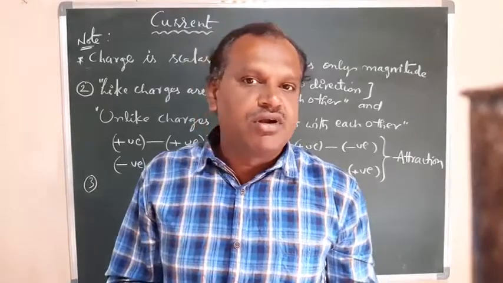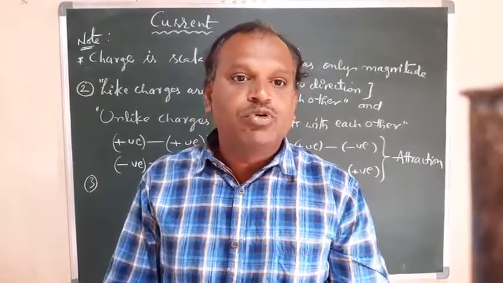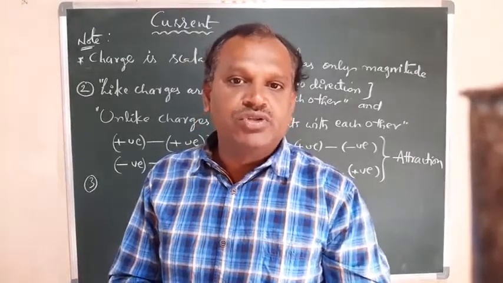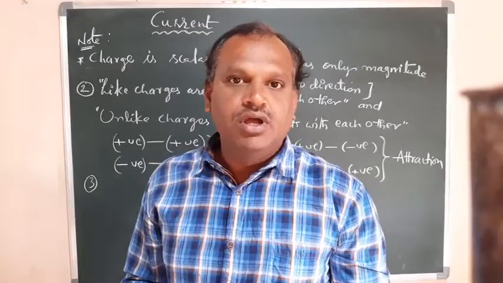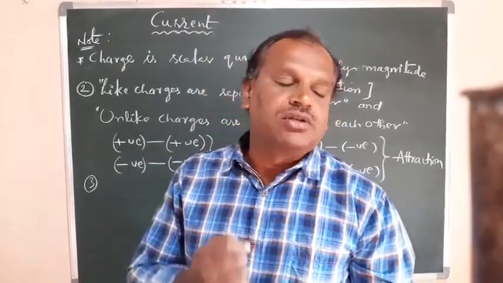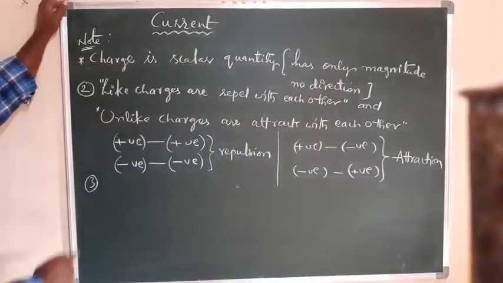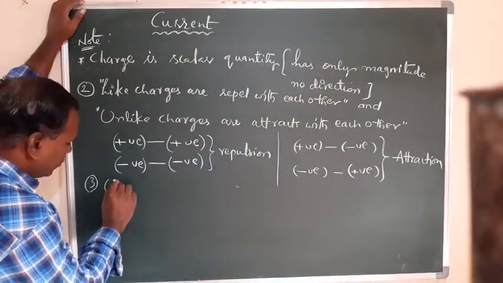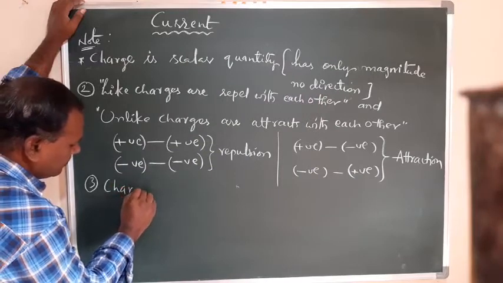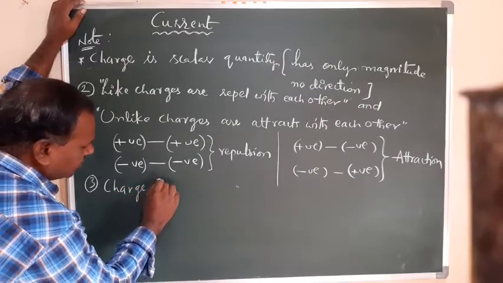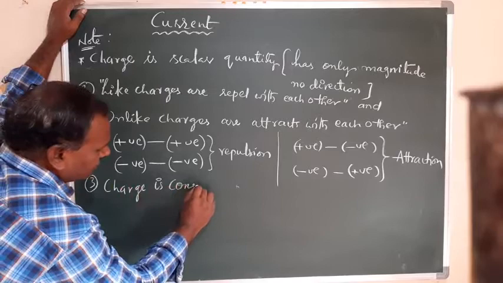But electrons we are not creating. We are just transferring them from one body to another body so that those objects will become charged. Right? So always charge is conserved. The third property you can write here: charge is conserved.